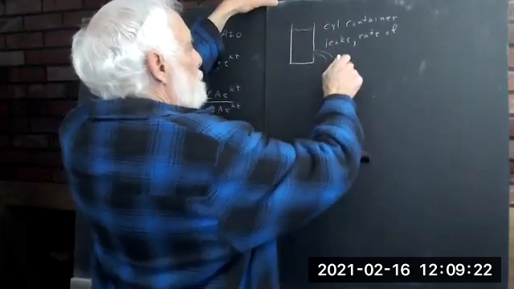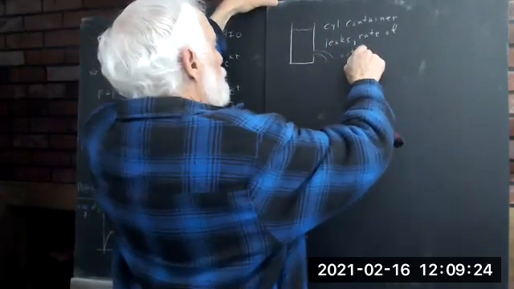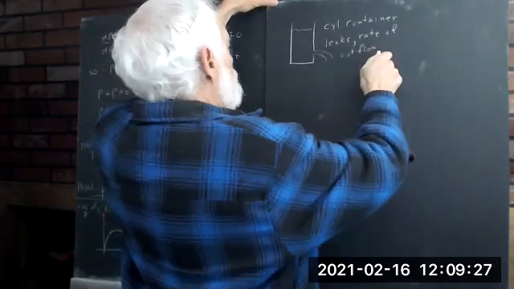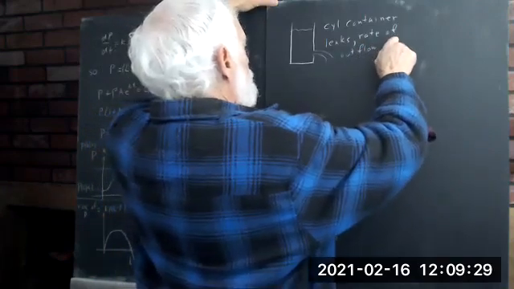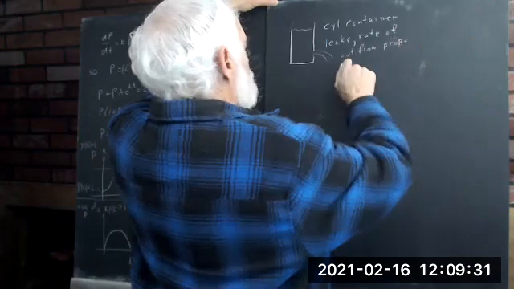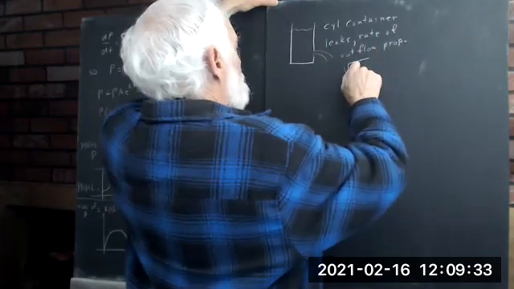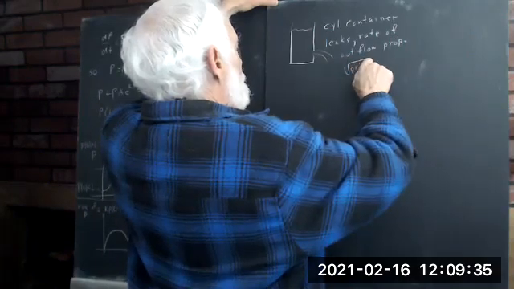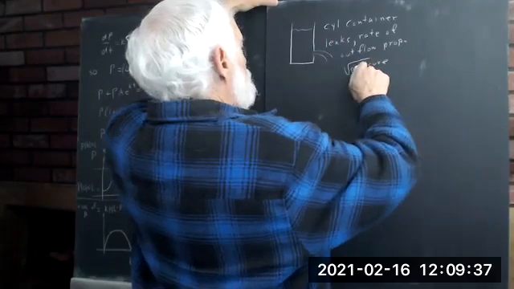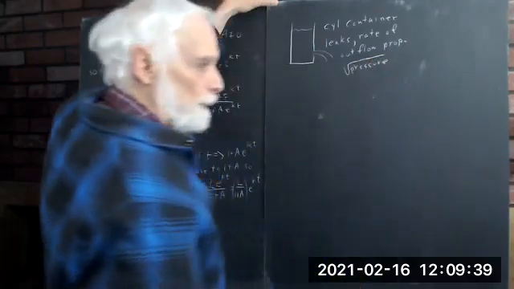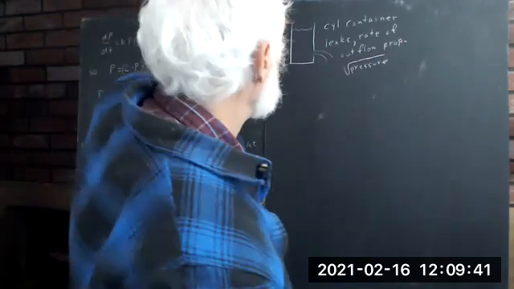The rate of outflow is proportional to the square root of pressure, as you know from Bernoulli's equation in physics.